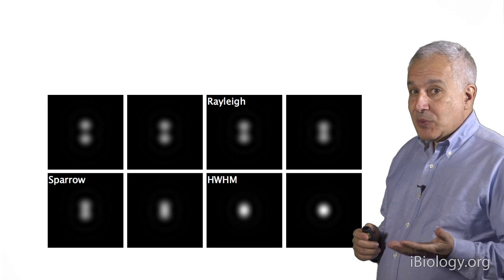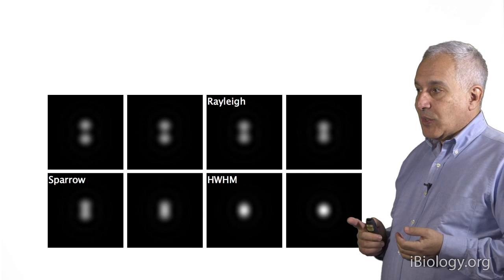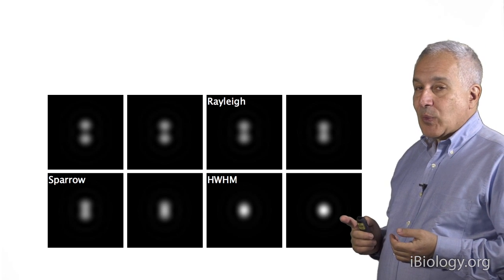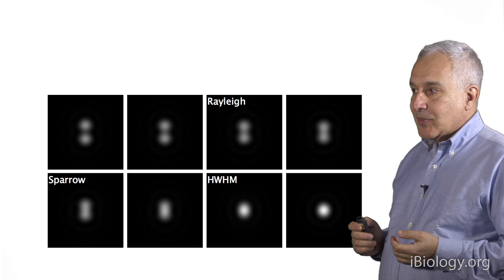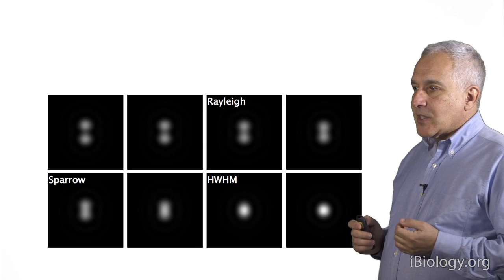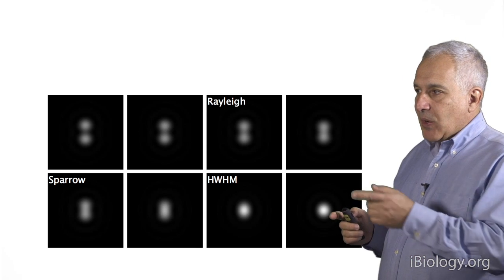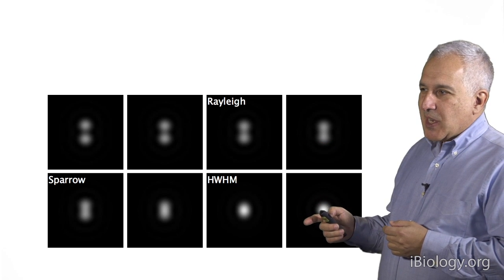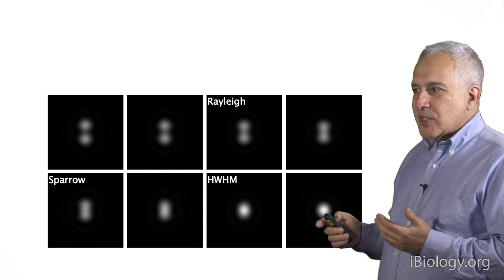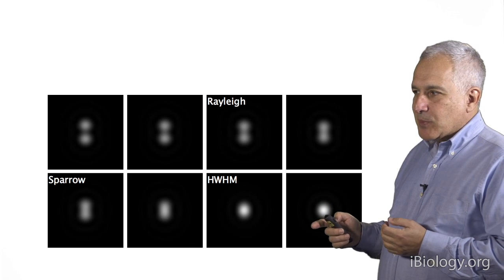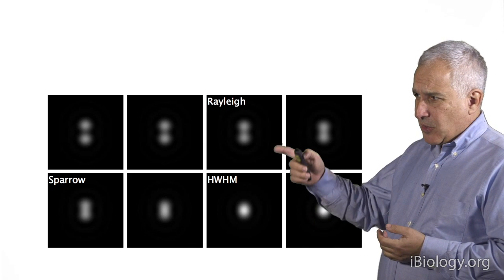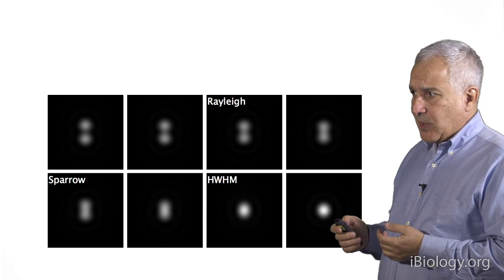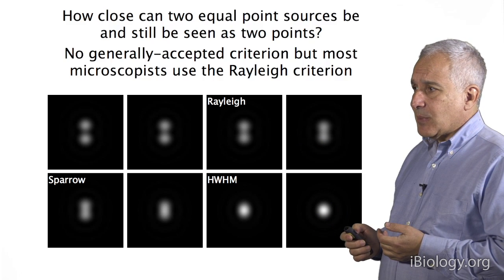And one might even use other kinds of information to infer that there may be more than one point of light on top of each other. But the Rayleigh criterion, which is somewhere in the middle of this range, is this one up here. There are other criteria known as the Sparrow or the half-width, half-maximum, which are not used much in microscopy. So we'll just focus on the Rayleigh criterion because that's the one that turns out to be valuable.